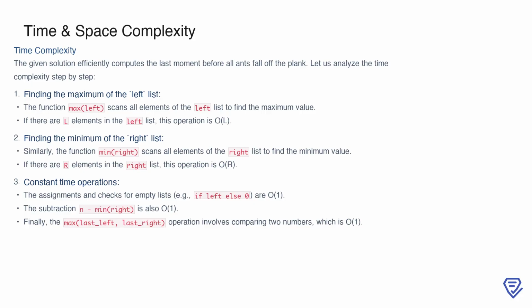Next, we calculate the minimum value in the right list, representing the closest position to the edge for right-moving ants. Similarly, the min function scans all elements in the right list, and if it contains R elements, this step requires O(R) time. Beyond these, the solution performs a few constant time operations, such as checking if a list is empty, simple arithmetic, and comparing two values. These constant time operations collectively contribute O(1) to the total complexity.